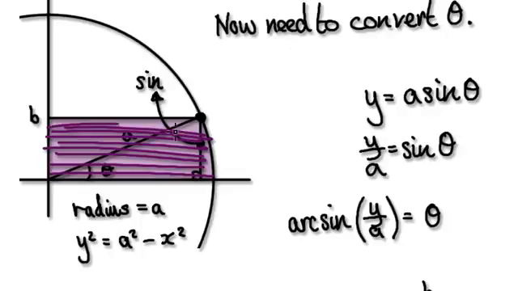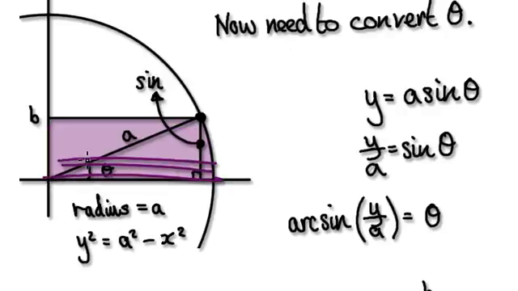No matter where y is, no matter how high up we are, because y is a measure of how high up we are, we need to be able to express the x direction. But we don't want to express the x direction in terms of theta, and we don't want to express the x direction in terms of x, because we are summing up everything and we are moving in the y direction.